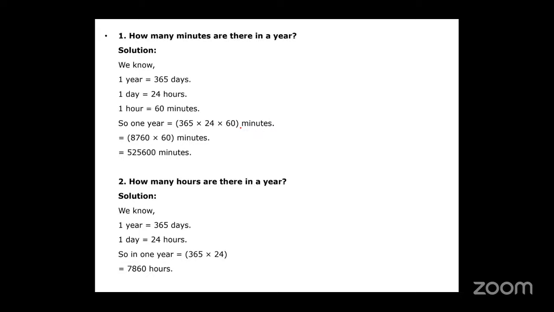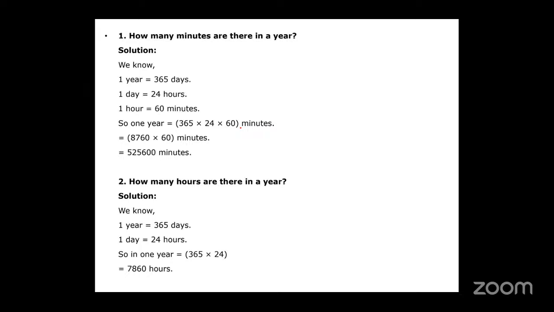Since we are going to minutes, how many minutes do we have in 1 hour? 60. So multiplying by 60 will give us our year converted into minutes. So that is 365 times 24 times 60: 365 days in a year, 24 hours in a day, 60 minutes in 1 hour. If we multiply them together, we have 525600 minutes.